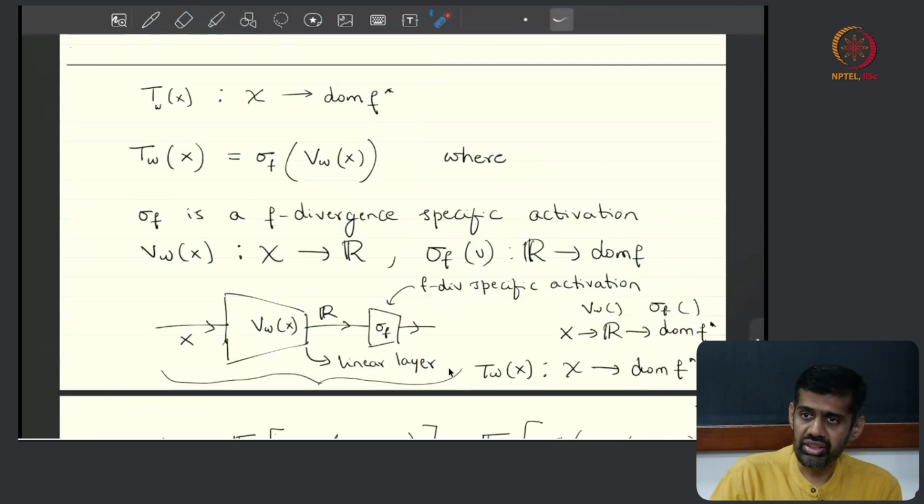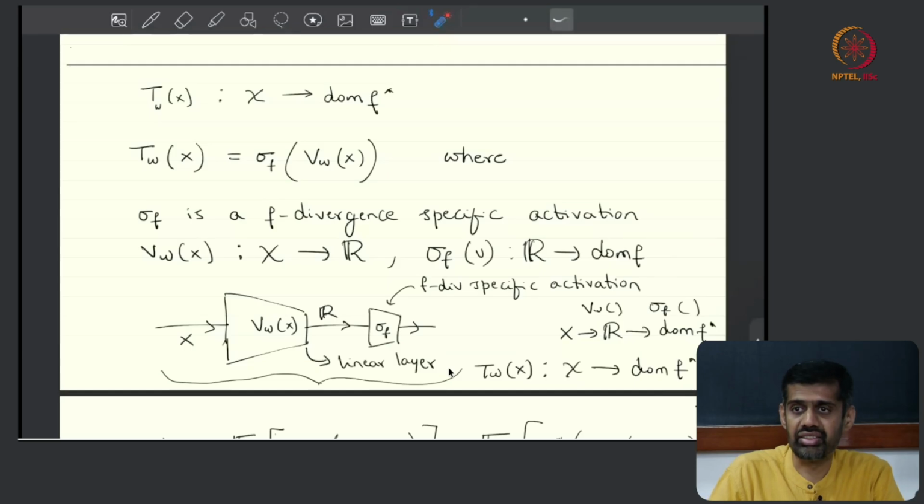The T function, which is a neural network, is constructed as a composition of some particular function sigma f composed with some function V w of x, where V w is, or rather I should not be calling it a linear function, a neural network with linear activation at the last layer.